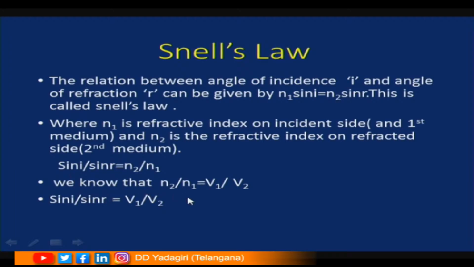We know that n2 by n1 = V1 by V2 from the definition of the refractive index. Already we discussed refractive index in our earlier class. The refractive index of any medium is inversely proportional to the velocity of light in that medium. So, based on that relation, n2 by n1 = V1 by V2. Therefore, sin I by sin R becomes V1 by V2.